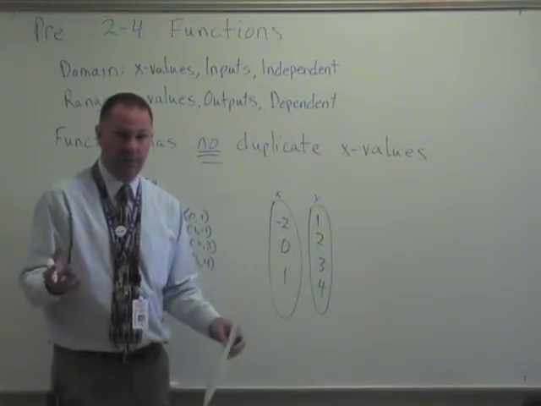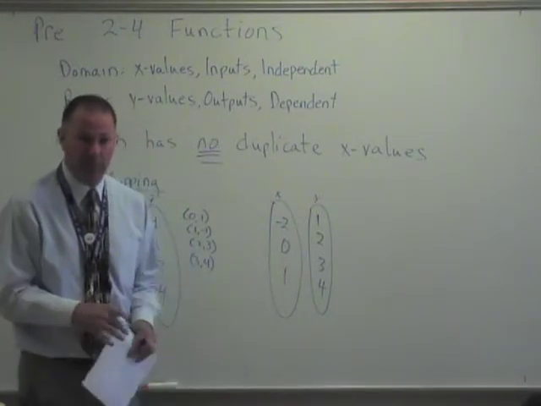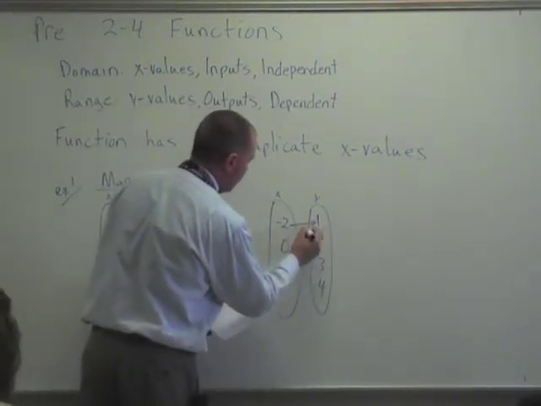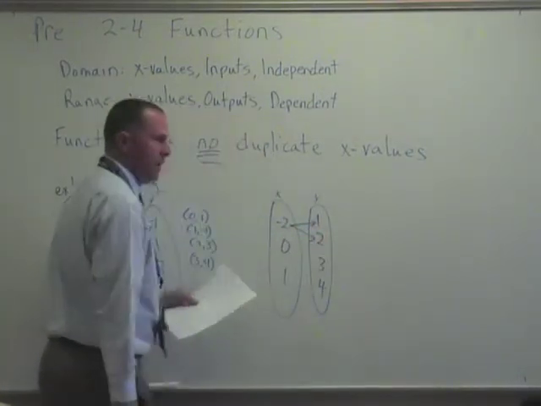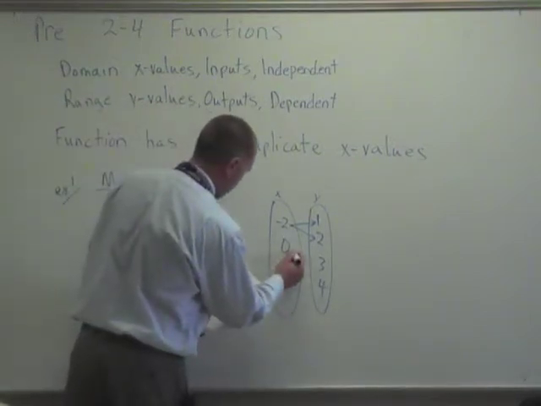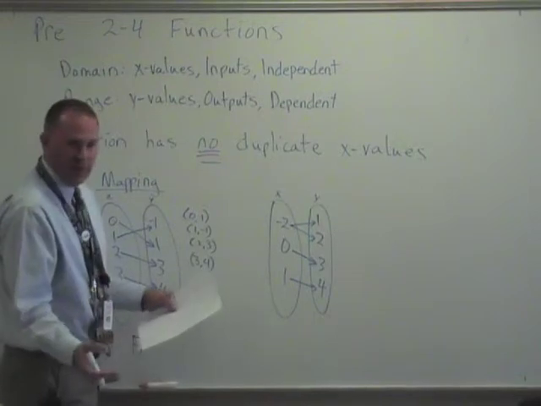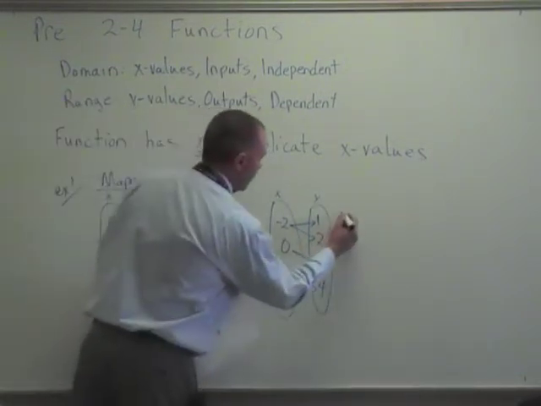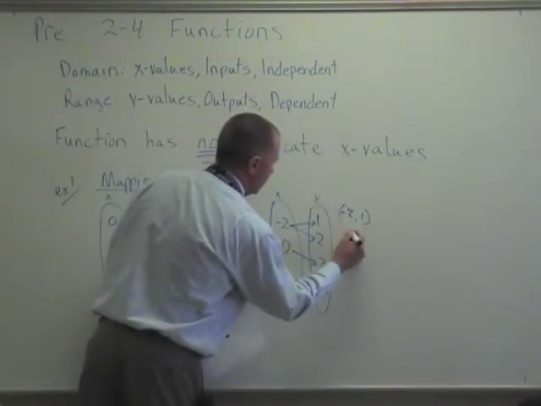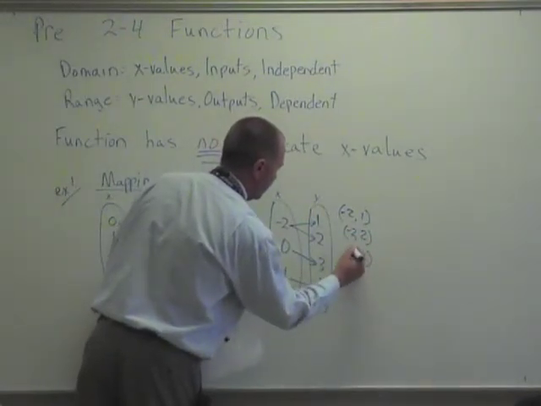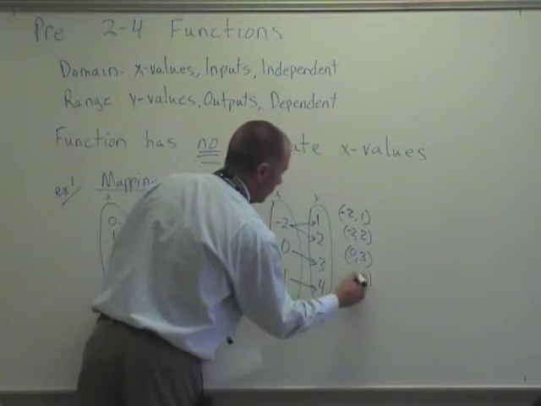Okay, everything needs to be the same amount of numbers. So you look at the arrows, and -2 goes with 2 y values. 0 goes to 3, and 1 goes to 4. If I were to show this as coordinates, this is what it would look like. -2, 1, -2, 2, 0, 3, and 1, 4.